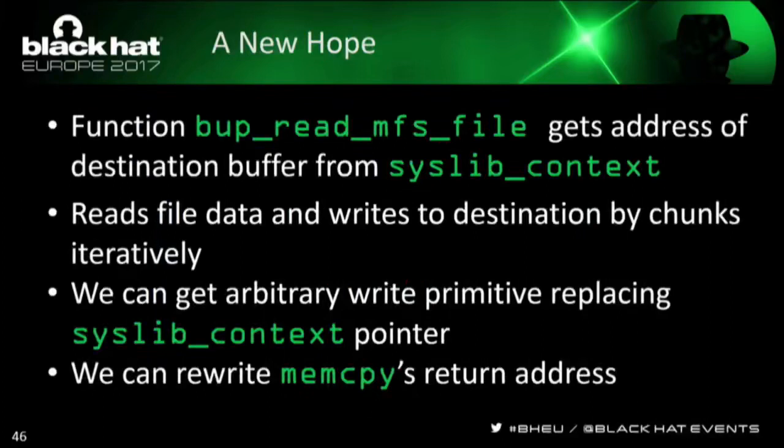So here is what we thought out. There is one major, important property of the implementation of this function, BAP read MFS file. It does it iteratively by chunks of 64 bytes. So if it does it iteratively and at each iteration it gets the address of the destination from some structure which we can control, we get an arbitrary write primitive.